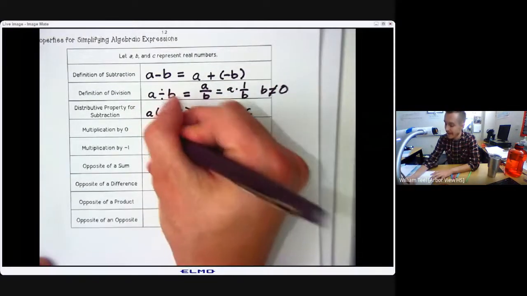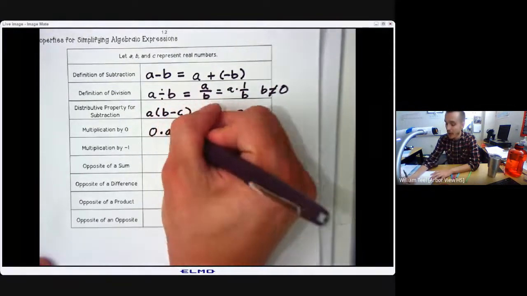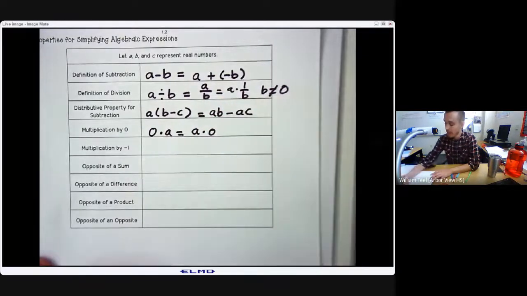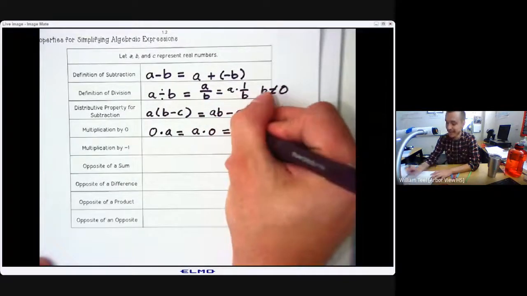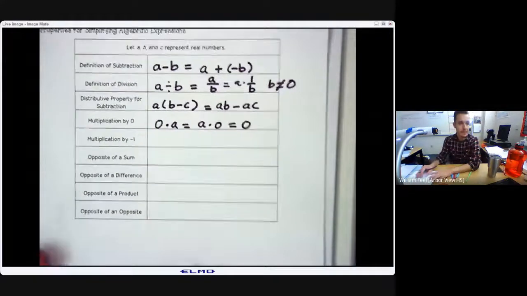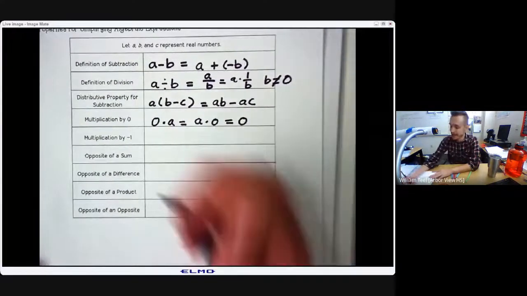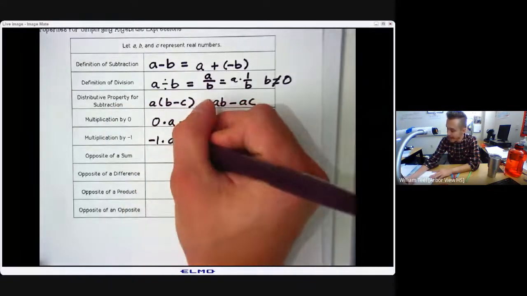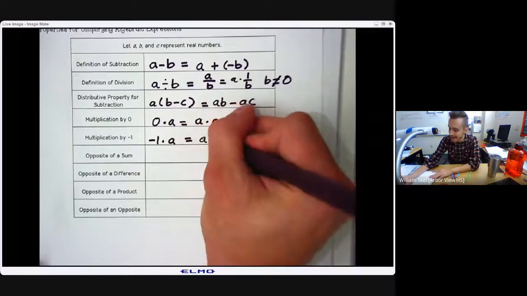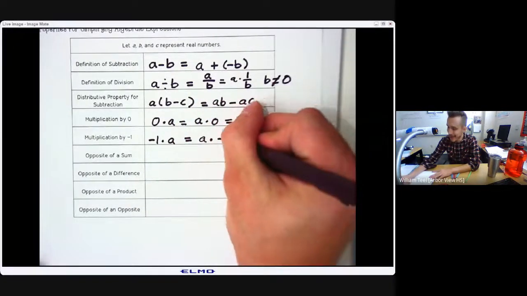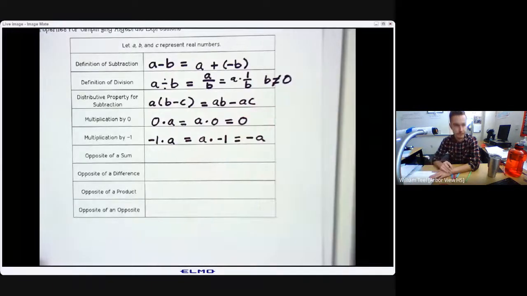If I have 0 times A, that can also be written as A times 0, which can also be written as just 0. Multiplication by negative 1. If I have negative 1 times a number A, that's also equal to A times negative 1, which can be represented as negative A.